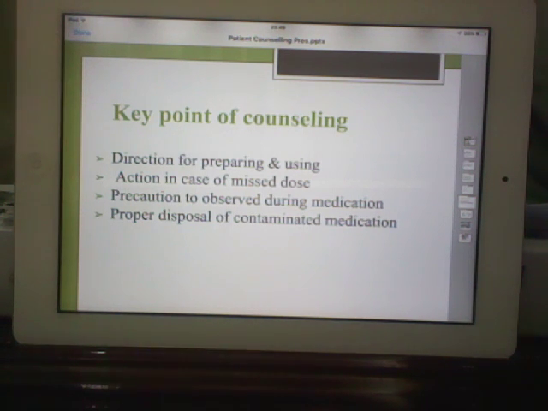Precautions should be endorsed to the patient on the way of disposing of the medication and the contaminated bottles or contaminated syringes if he uses them, like in chemotherapy.